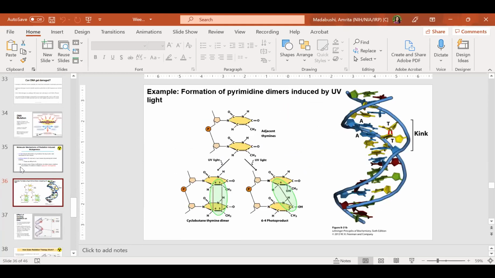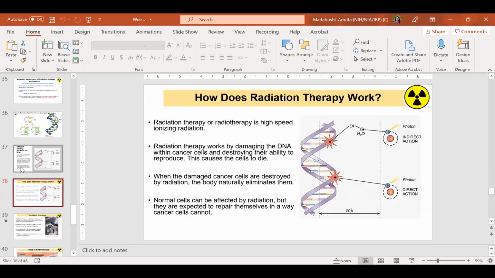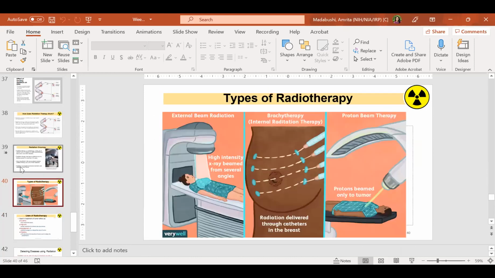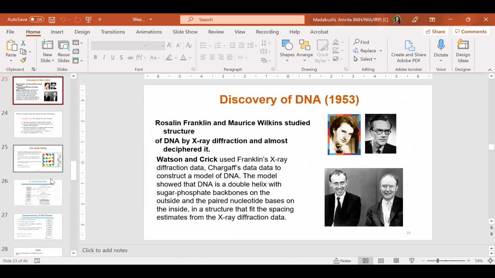Does it get damaged? What happens when it gets damaged? What is the effect? And is there anything good about radiation? Because we always associate radiation with something bad. But we do know that in the health field, radiation is an important form of therapy. So that's what we are going to be focusing on too.